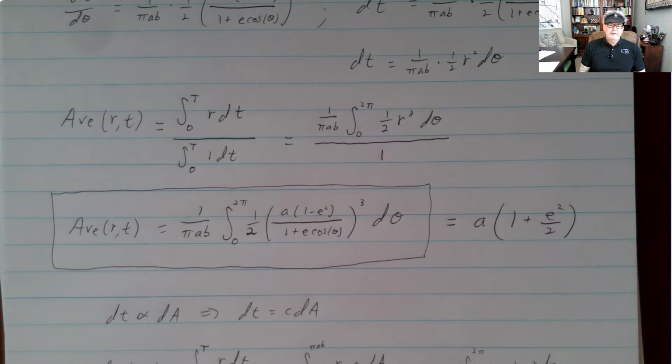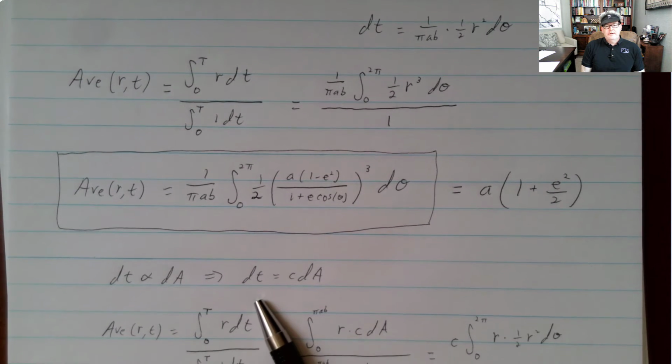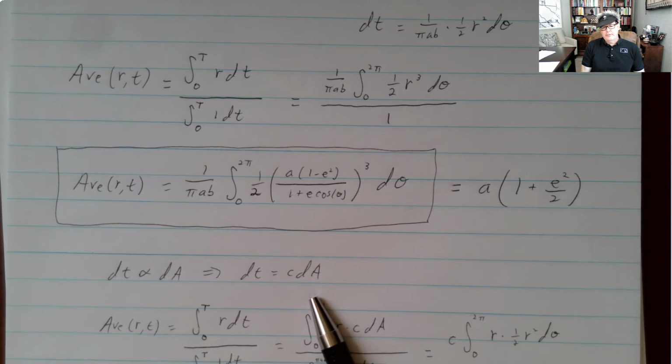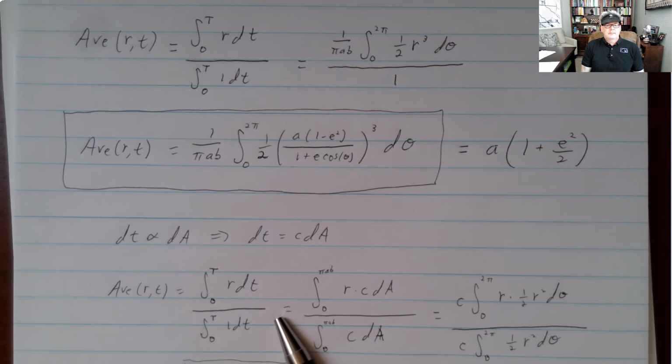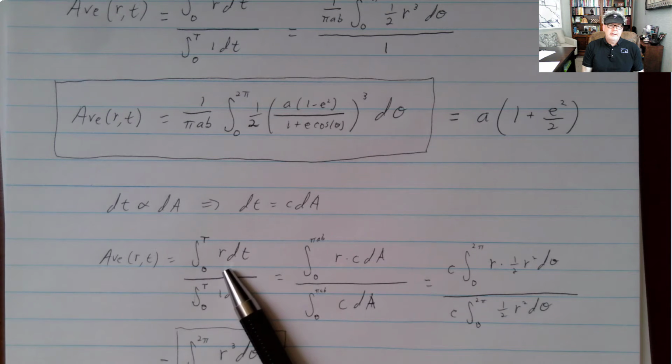Another way, if you don't want to use the pi AB, again, if you know that the time to go from one place to another is proportional to the area, then that means there's some constant, so dt is going to equal some constant times dA. Again, I used 1 over pi AB. But regardless, if I want to find the average value, I want to integrate from 0 to the period of r dt over the integral of 1 dt.